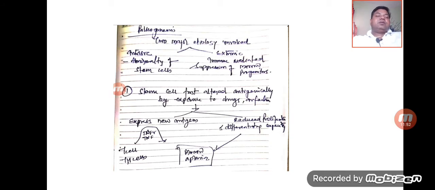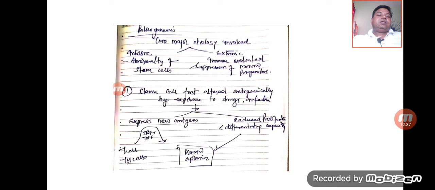Stem cells are first antigenically altered by exposure to certain drugs or infections, and once altered, they express new antigens. These stem cells then mount a T cell response. Self reactive T cells attack these new antigens and destroy the stem cells, resulting in marrow aplasia.